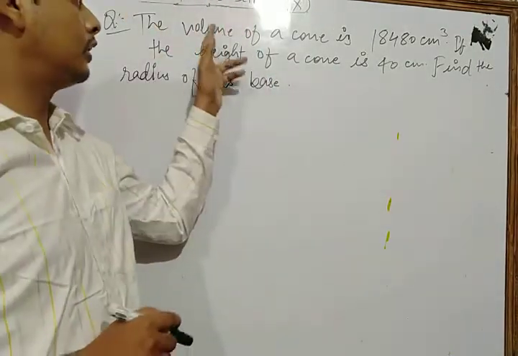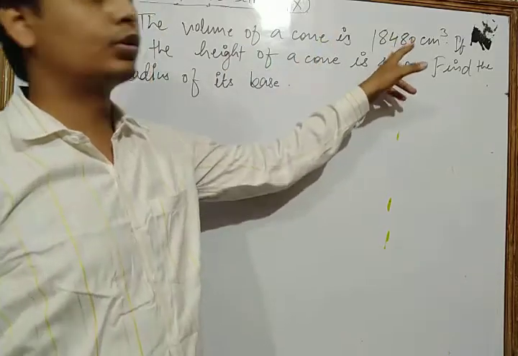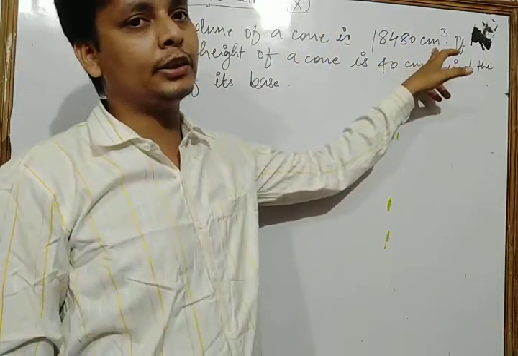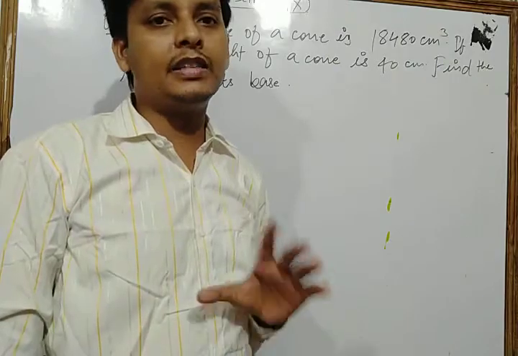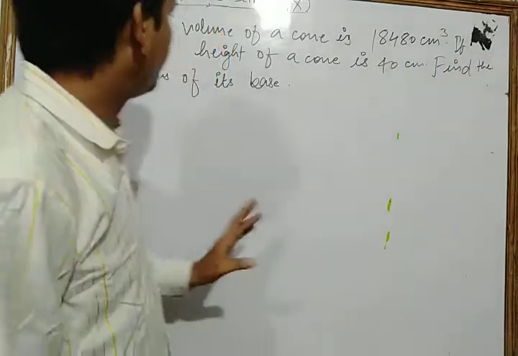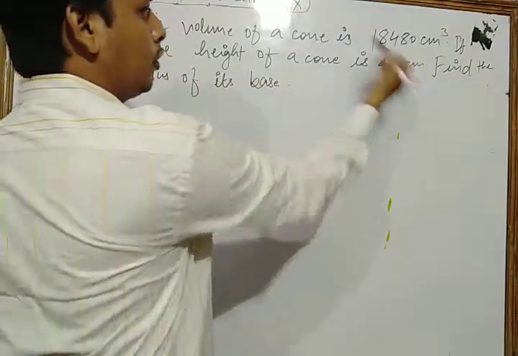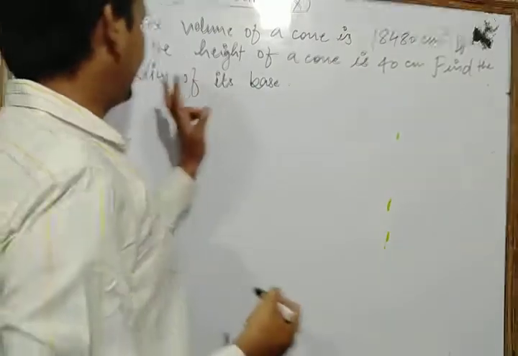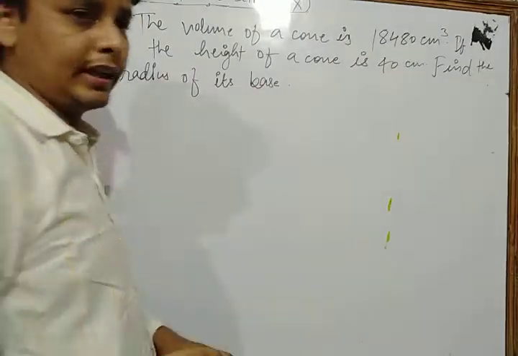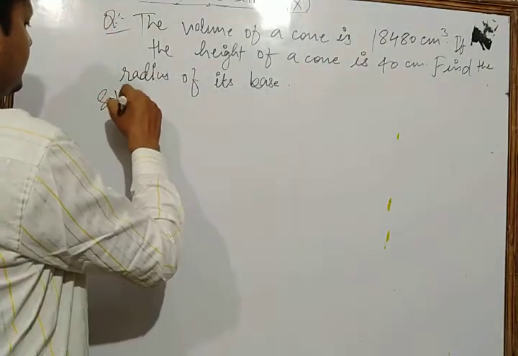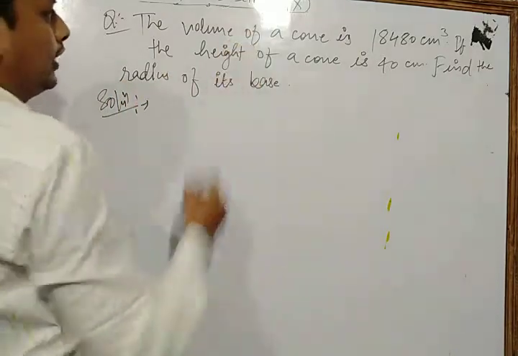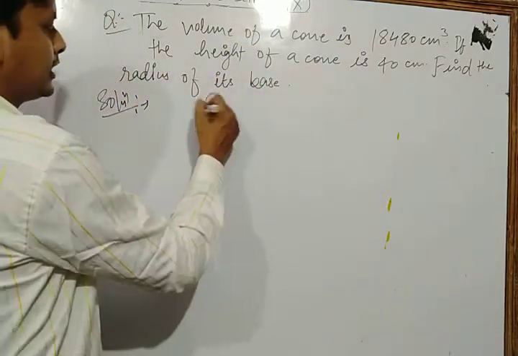According to the question, the volume of a cone is 18,480 centimeter cube, because volume is always in cube unit. If the height of a cone is 40 centimeter, find the radius of its base. Okay, so let's solve it. First let's see what is given.